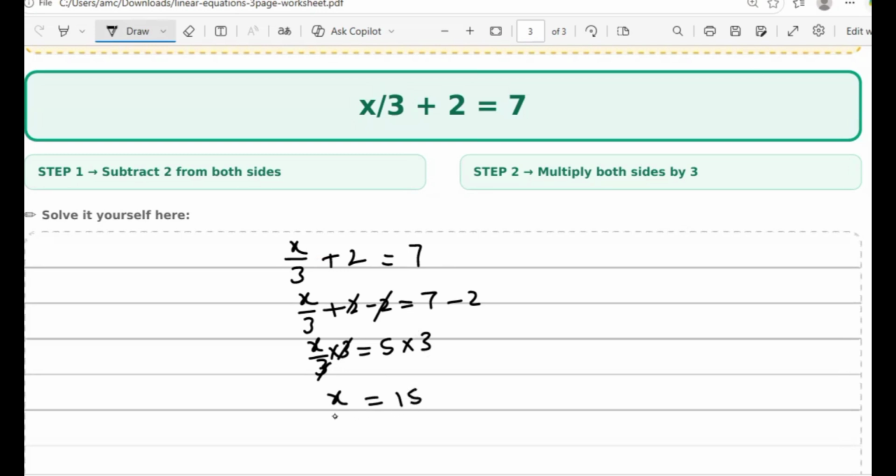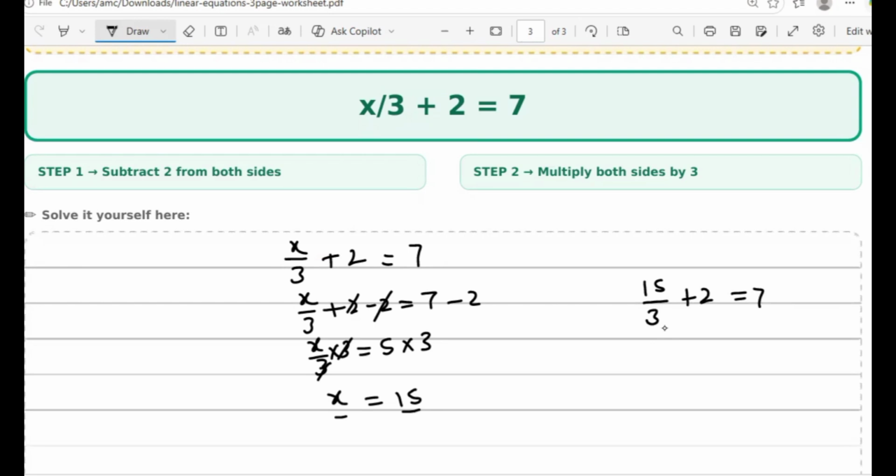So now let's check it out. To check this answer, we put 15 in the place of x in this equation. So we have 15 over 3 plus 2 is equal to 7.